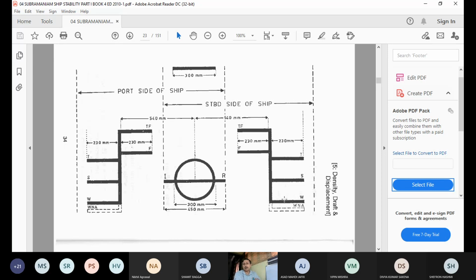I repeat my question. You are loading in Chennai between September to December, tropical, okay, and you're going to UK, winter.